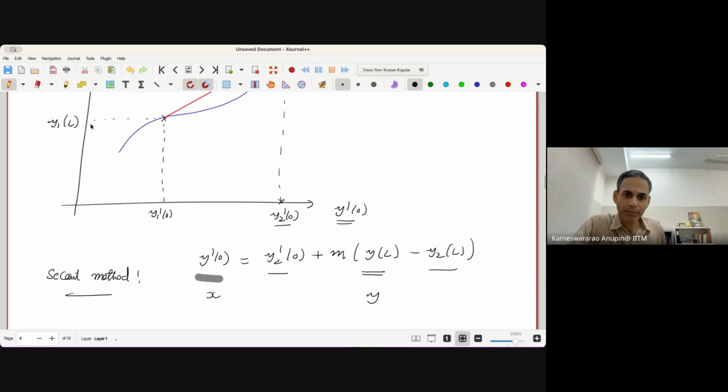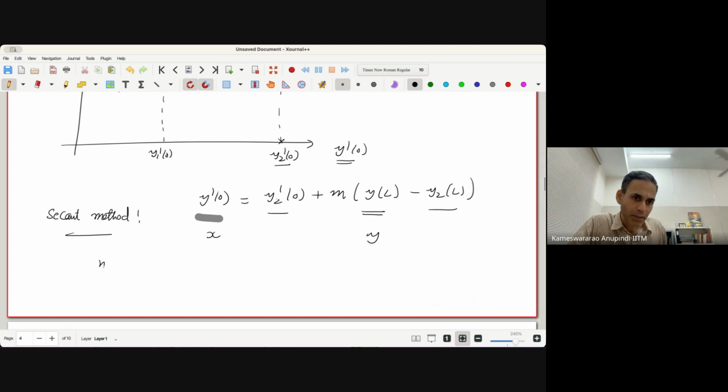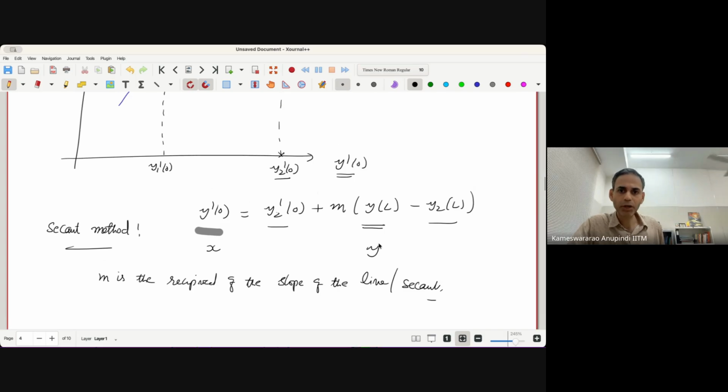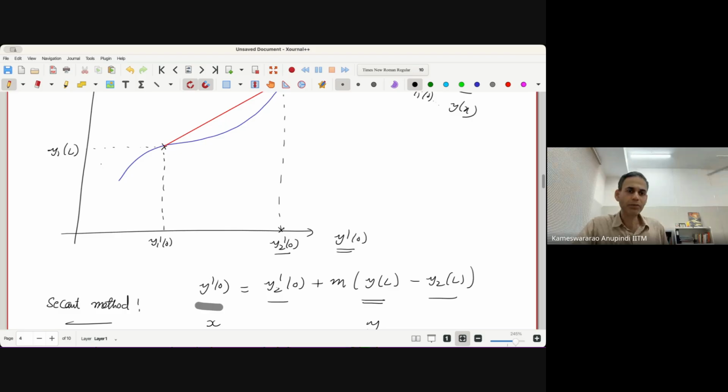And m is the reciprocal of the slope of the line or secant. It is reciprocal because we are writing x in terms of y. If I had written y in terms of x, m would have been the slope.